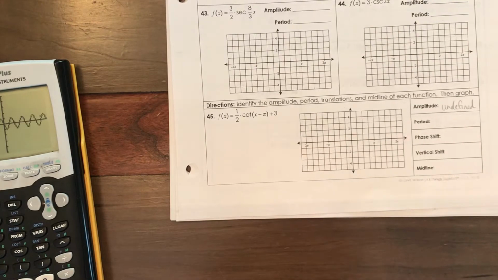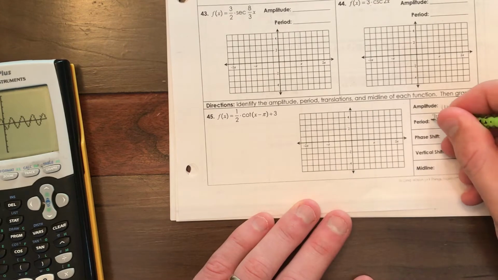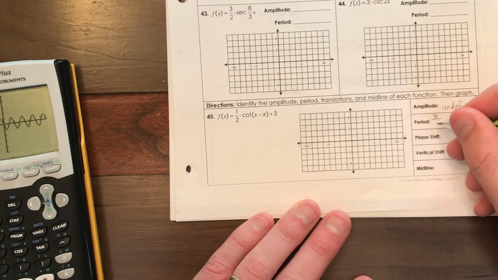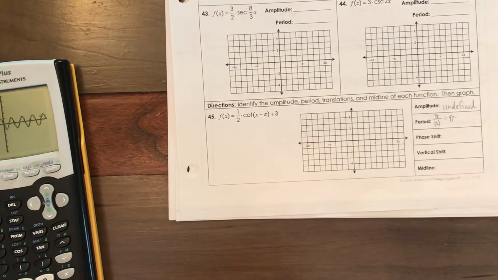Any reciprocal function, and also just tangent function as well, will be undefined when it comes to amplitude. And to figure out our period, with tangent and cotangent, we just do pi over our b value. It looks like this guy is just 1. So that's an absolute value there, if you weren't sure. And our period is pi.